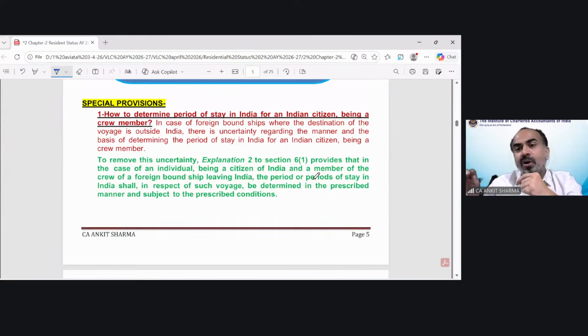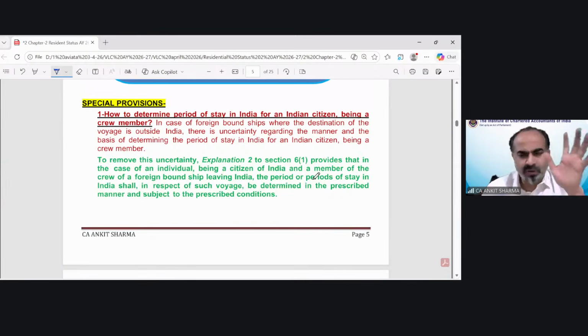The day signing off certificate has been signed, we will assume him as outside India. So the day he entered into the ship and the day he signed off the ship, these days will be considered as outside India, whether the ship is in India or outside. The remaining days will be considered as his stay in India.